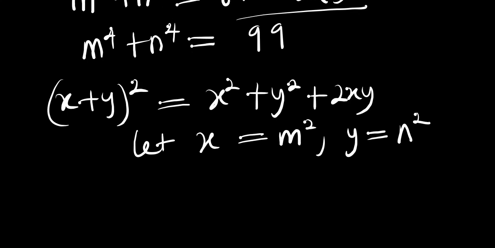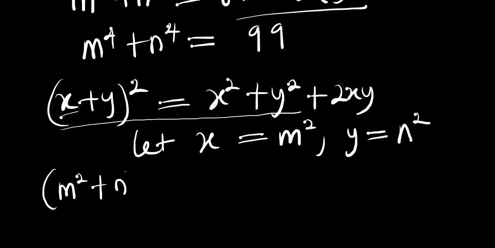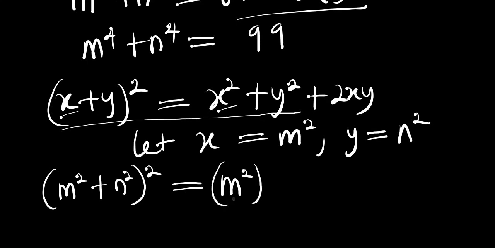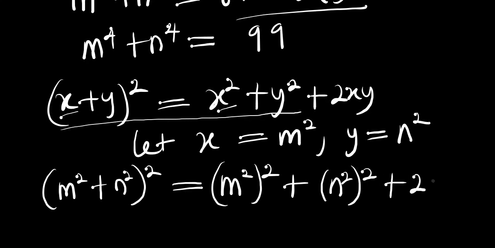When we insert into this identity, we have (m power 2 plus n power 2) all power 2 equals (m power 2) all power 2 plus (n power 2) all power 2, plus 2 into m squared times n squared.